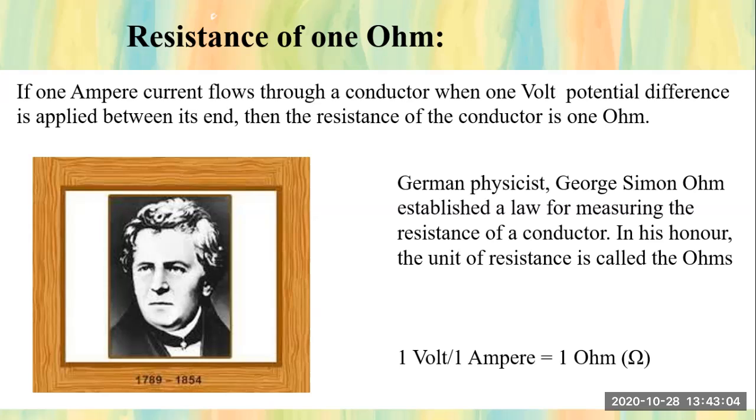What is the SI unit of potential difference? Volt. What is the SI unit of current? Ampere. So when 1 ampere of current is flowing through a conductor, and a potential difference of 1 volt is applied between its ends, at that time the resistance of the conductor is always 1 ohm.